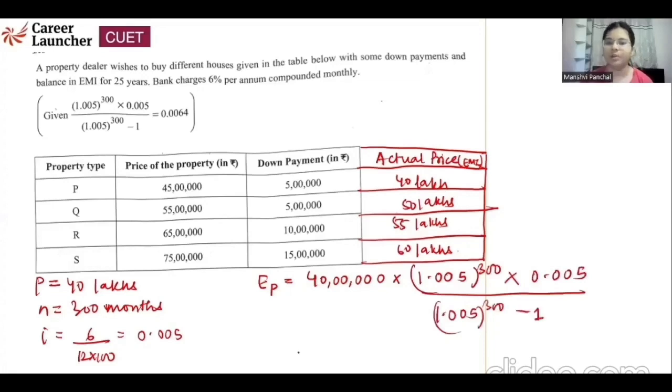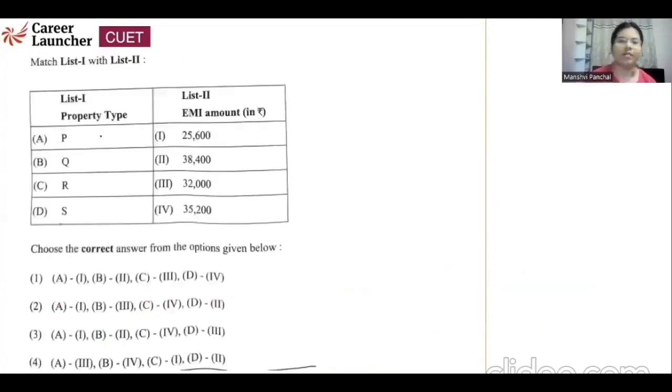This will be your EP. This value has been given to you as 0.0064. It means 400000 into 64. So 4 4s are 16, 1 here, 4 6s are 24 plus 1, 256. 25600 is the EMI for property P.